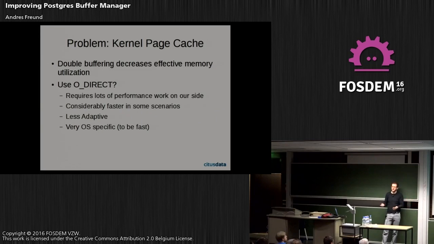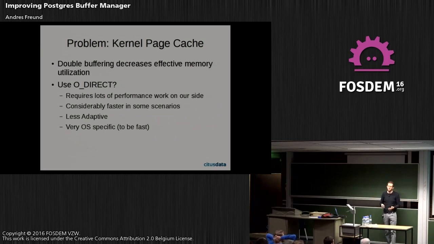If your entire database fits into shared buffers, that's not a problem, because the kernel will see these pages are never accessed. But if you have a database system which doesn't fit into the operating system memory or the Postgres page cache, then we waste memory storing the most frequently used information in both caches, but all the other pages we don't store anywhere.